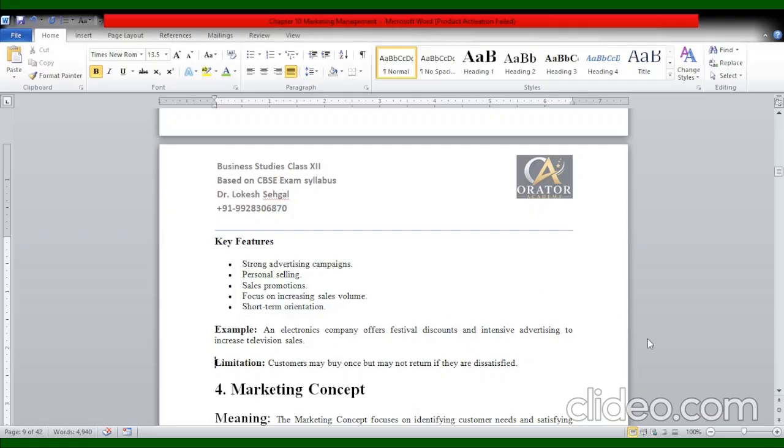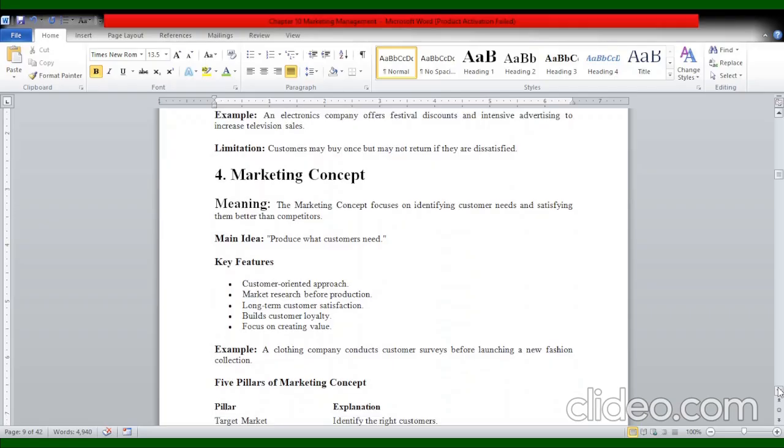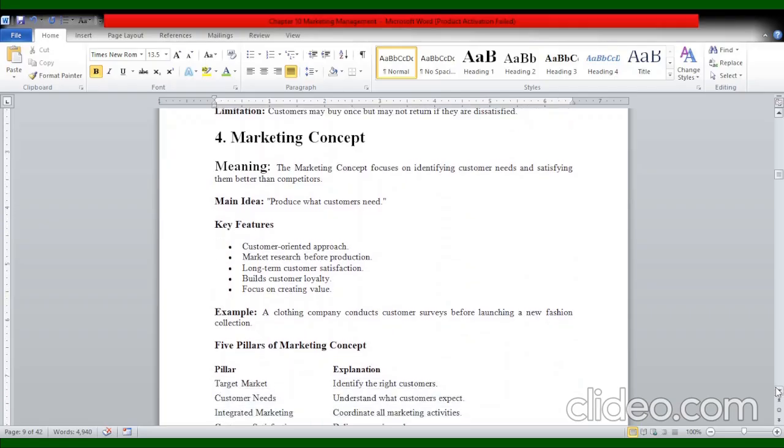Last but not least, marketing concept. We have already studied the marketing concept, and this is how it will be working as of now. Marketing concept focuses on identifying the customer need and satisfying them better than competitors, because you are not alone in the market. There are a number of customers, and the customer is evaluating different options available in the market.